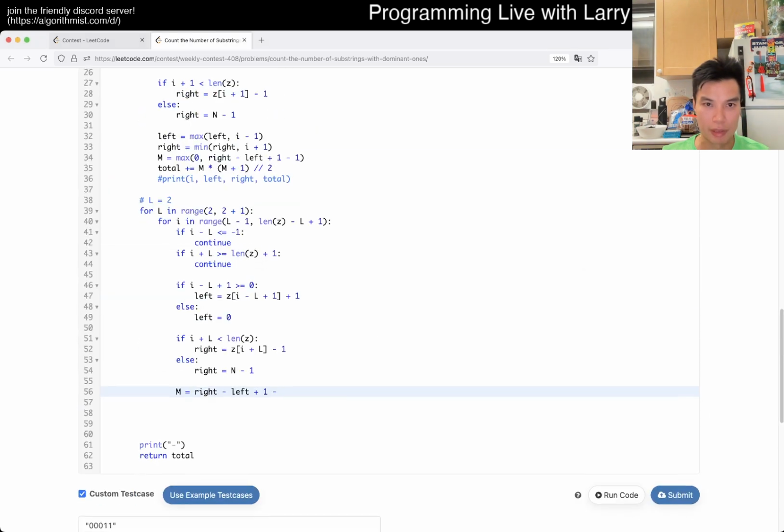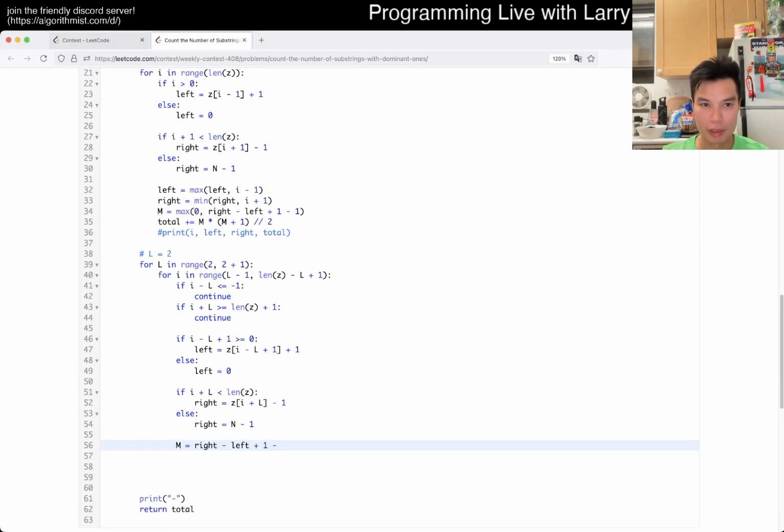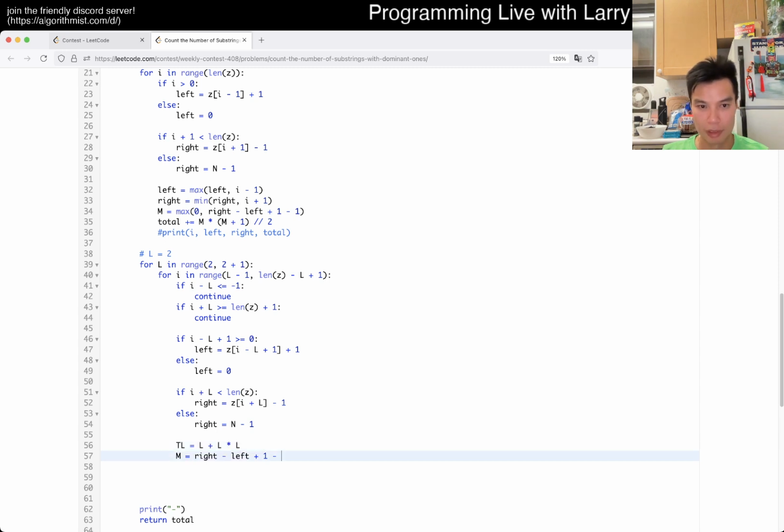Okay, so then now we want total length to be L plus L times L, right? So then now we have this minus total length minus 1.